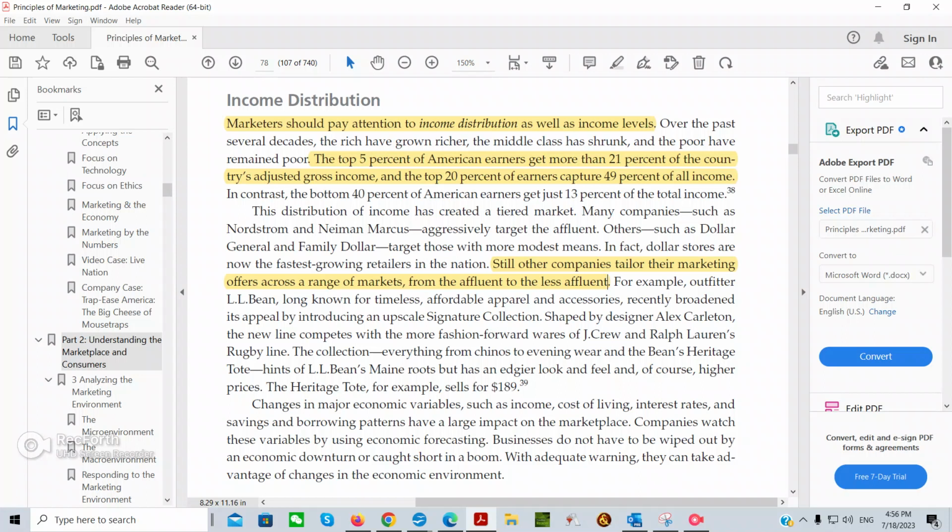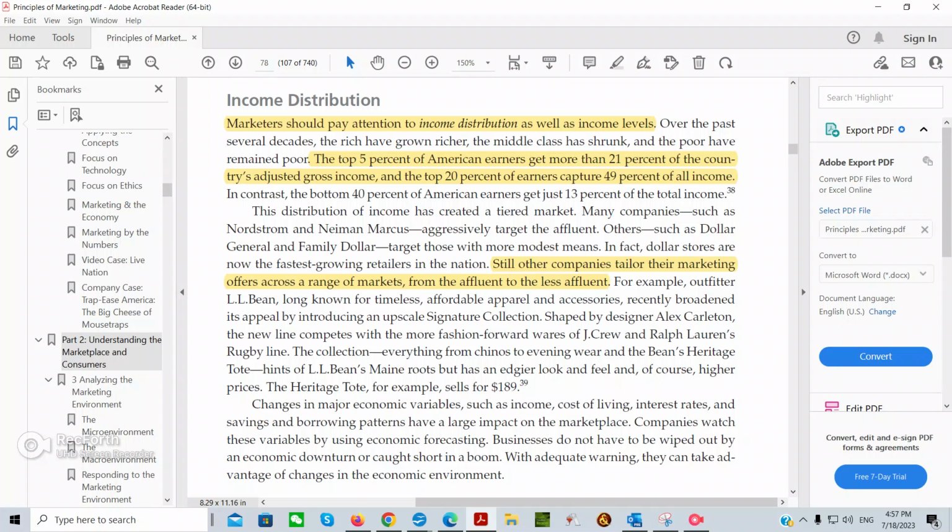For example, L.L.Bean, long known for timeless affordable apparel and accessories, recently broadened its appeal by introducing an upscale signature collection. Shaped by designer Alex Carleton, the new line competes with more fashion-forward wares of J.Crew and Ralph Lauren's rugby line.